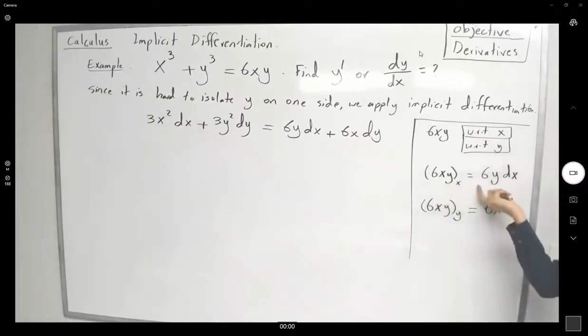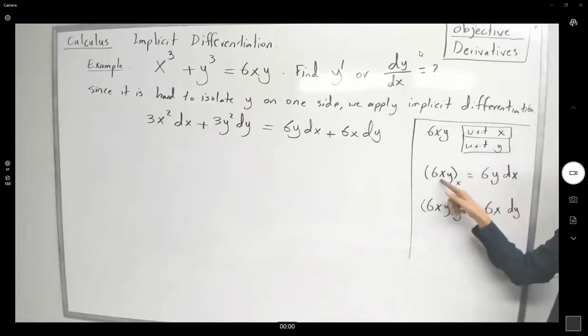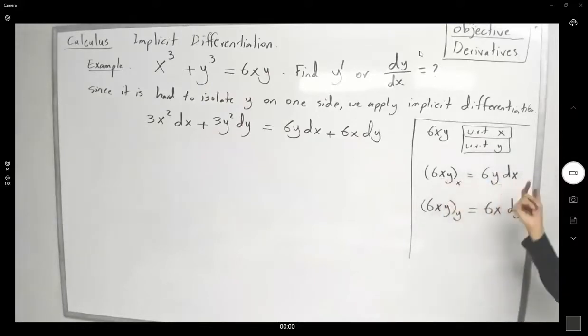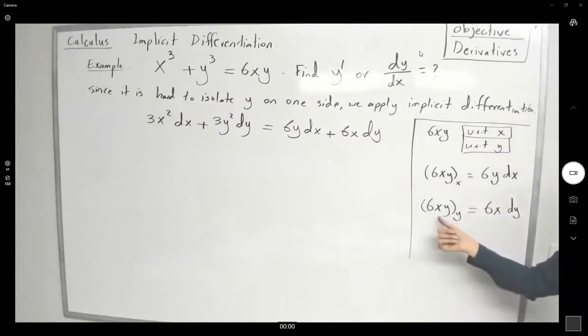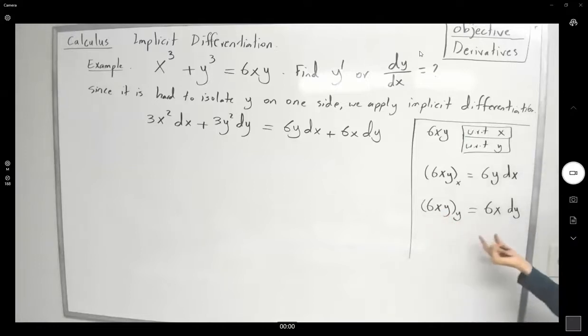So 6y as a constant, you copy it down. The derivative of x is dx. That's it. Taking the derivative with respect to y, it means that your x is a constant. So 6 times x is a constant. You just copy it down here. Taking the derivative with respect to y results in dy.